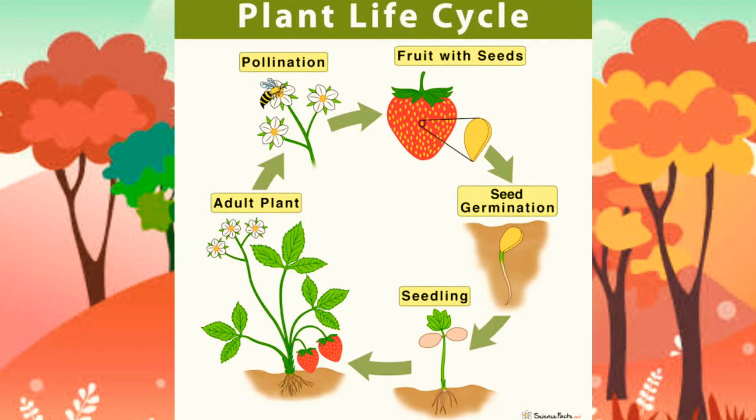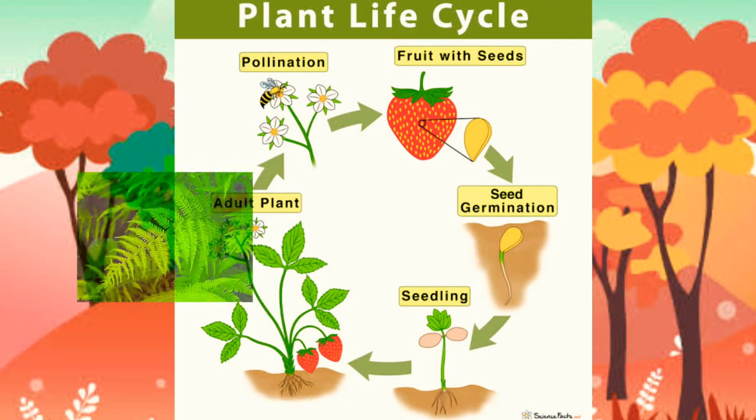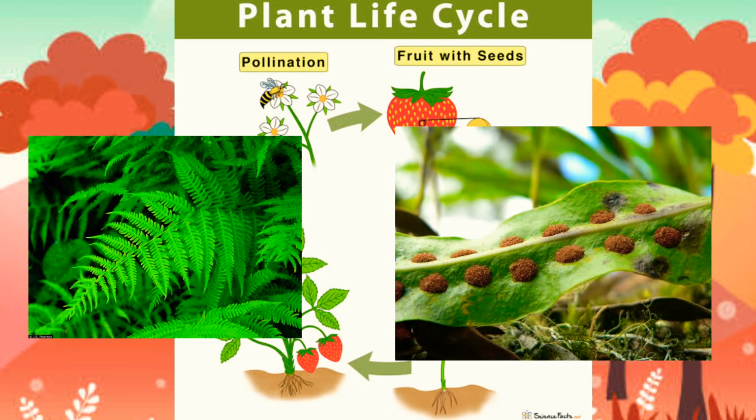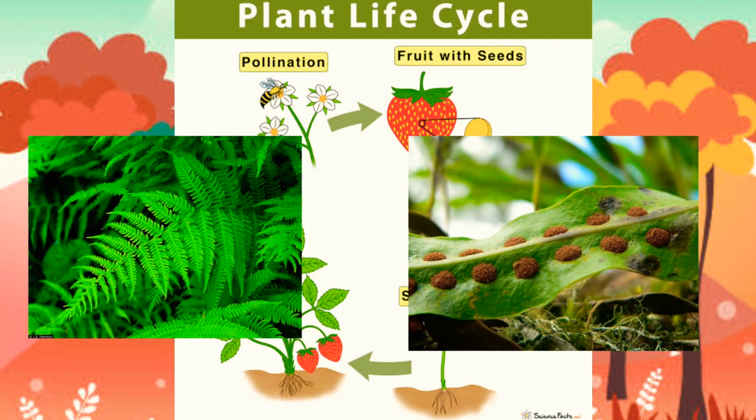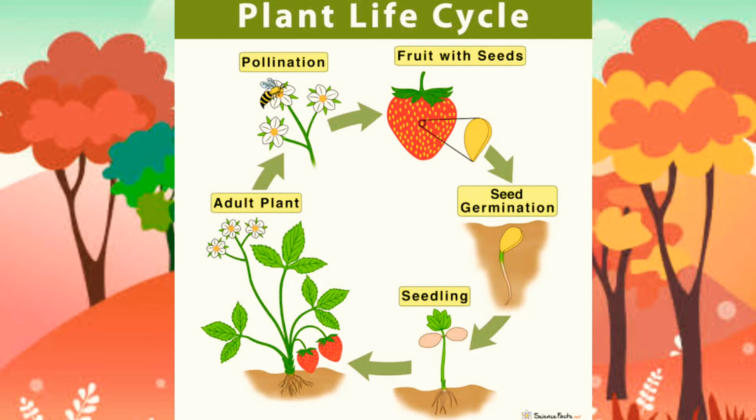However, not all plants produce seeds. Some plants, such as ferns or mosses, produce different kinds of cells called spores. These plants do not produce seeds. The plant starts life as a seed, which germinates and grows into a plant.